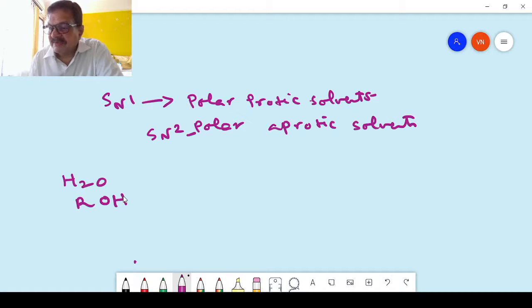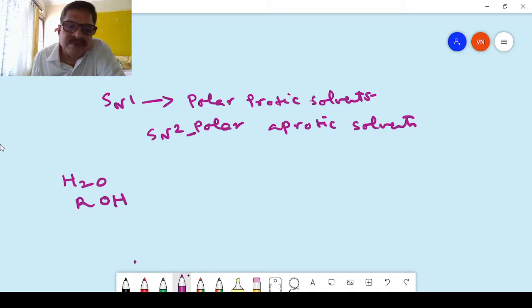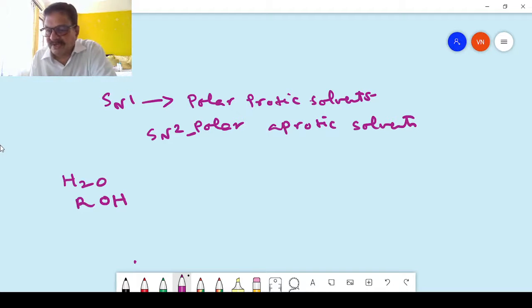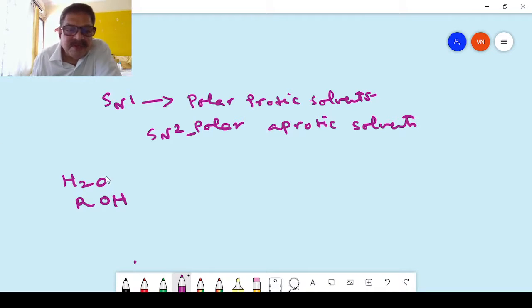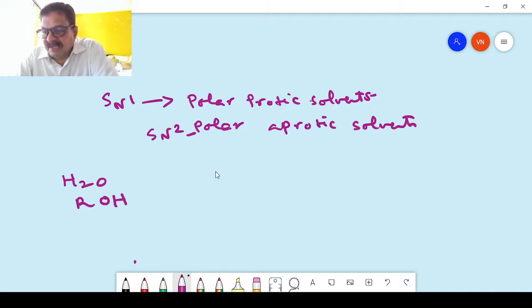In the Sn1 mechanism, two ions are there, a carbocation intermediate and a leaving group. The stability of the carbocation intermediate matters, and polar protic solvents are capable of solvating both the cations and anions.